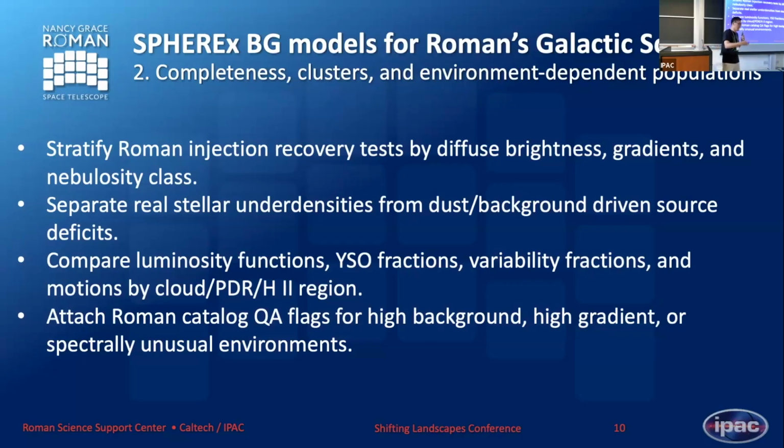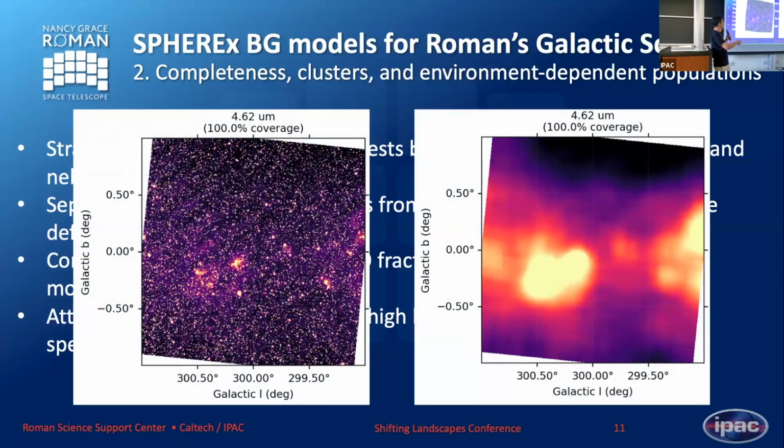And then for your quality assurance, you can also use the SPHEREx data, the Galactic models, to get your flags for your Roman data. Okay, so this is just showing again where you need to get more flags.